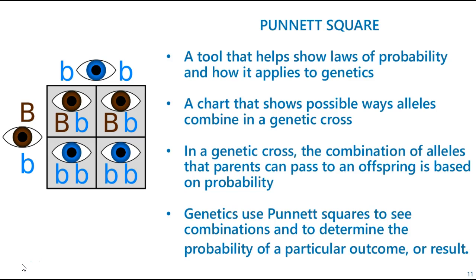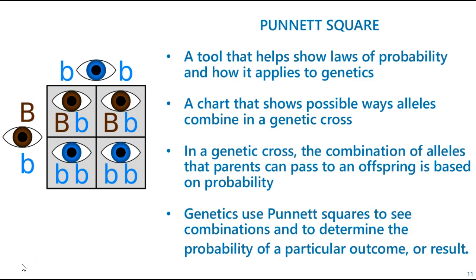Now I want to very briefly introduce you to Punnett squares. We're going to be doing a lot of Punnett square practice in the next few lessons in class, but I just want to introduce you to what a Punnett square is. A Punnett square is a tool that helps to show laws of probability and how they apply to genetics.